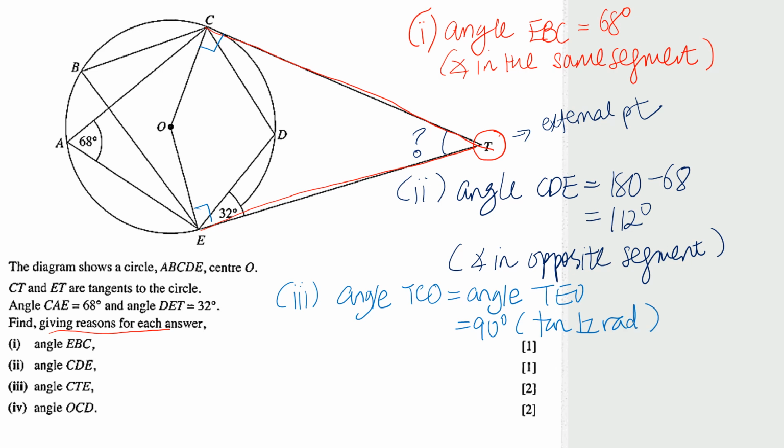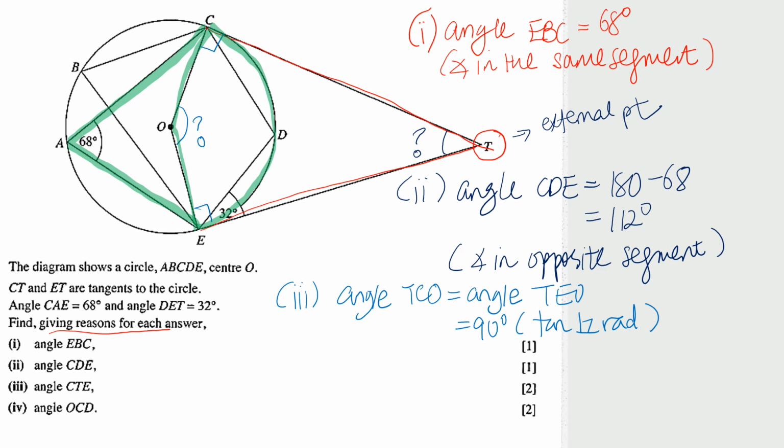Okay, so I still need to find this angle here. This is a question mark. The arc that subtends this angle will be this one here. Then from the same arc, can you see that I can subtend an angle at the circumference?